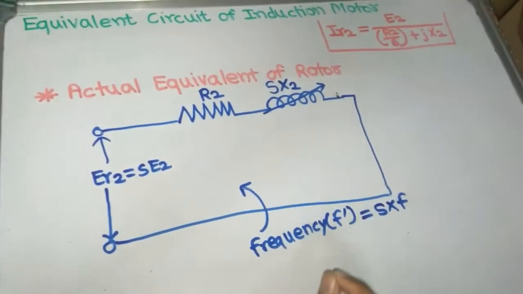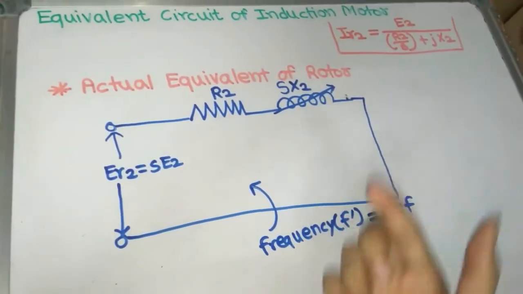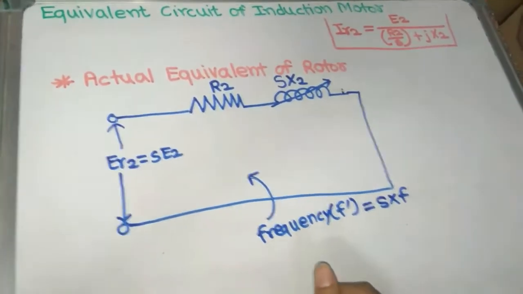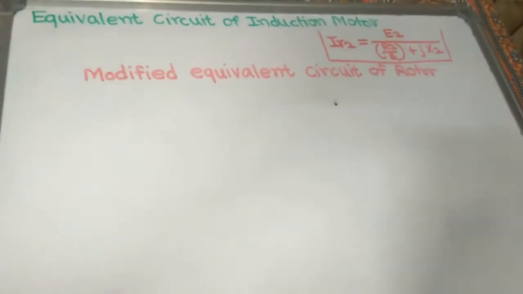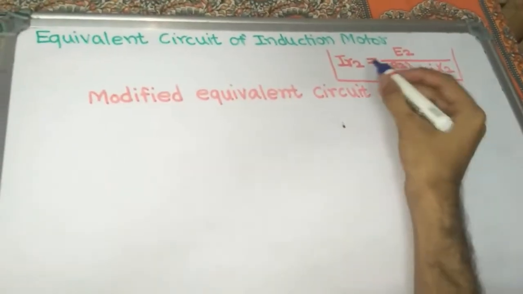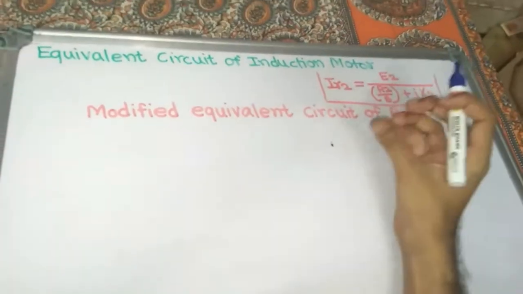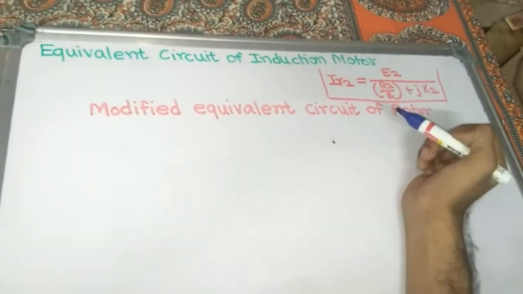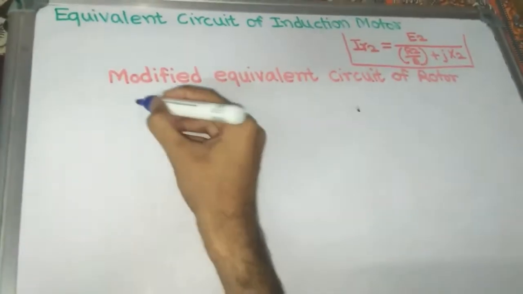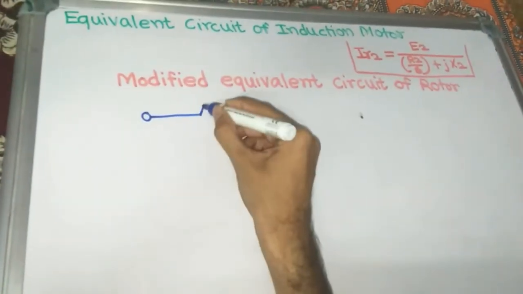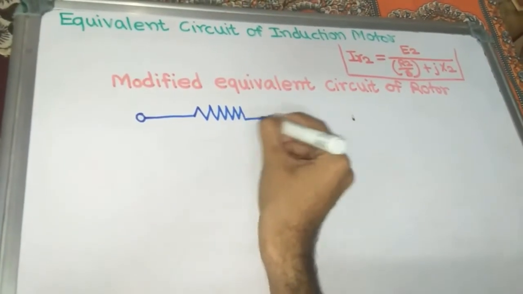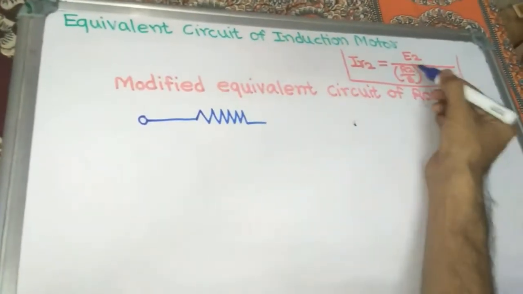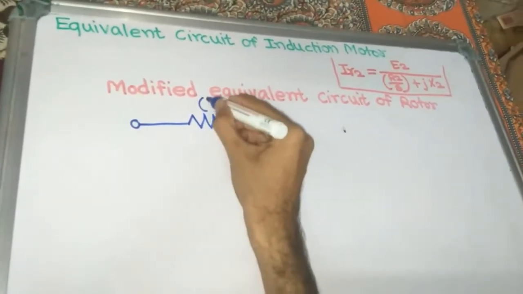So from this actual equivalent circuit of rotor, we can draw the modified equivalent circuit of rotor. See here. By this equation, all the parameters are independent of the value of slip, and only rotor resistance becomes dependent on slip. So what is the new equivalent circuit? The rotor resistance per phase is dependent on slip, and it is R2 by S now.